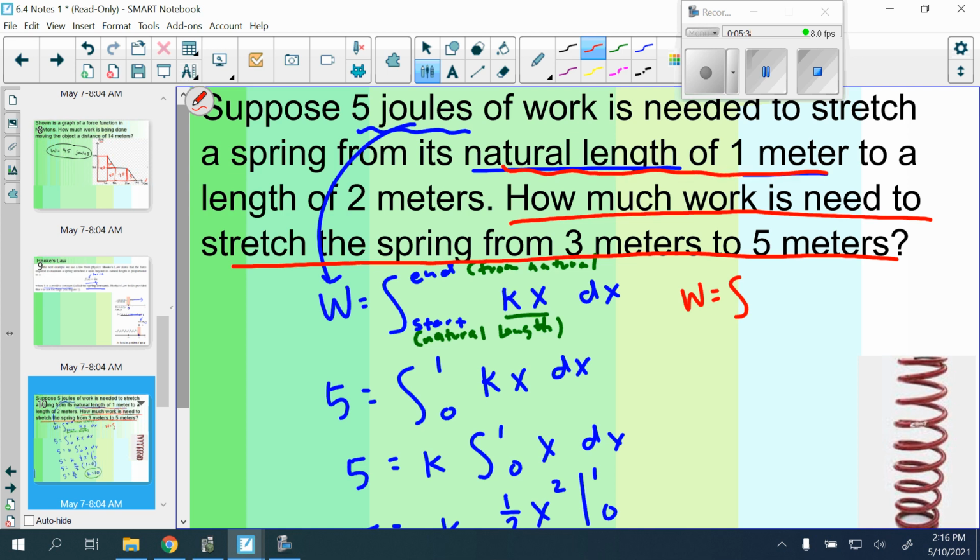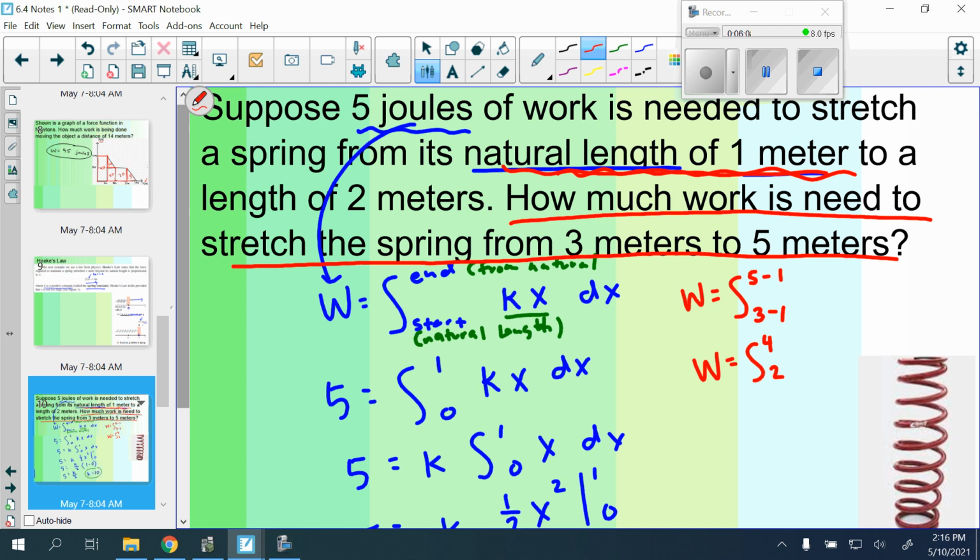So we need our starting amount to be how far from the natural length. So here, it's 3 minus 1, so it's already at 2 meters from its natural length when it's stretched to 3 meters. Our ending amount would be 5 minus 1, again because our natural length of the spring is 1 meter. And so our ending amount there would be 4.